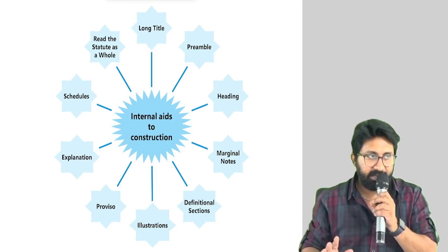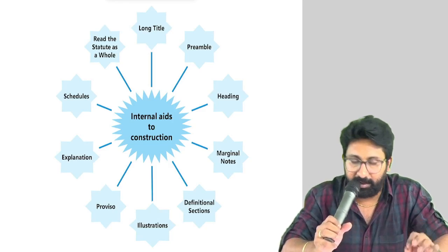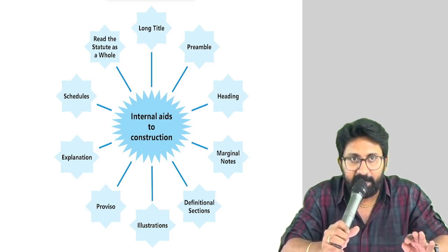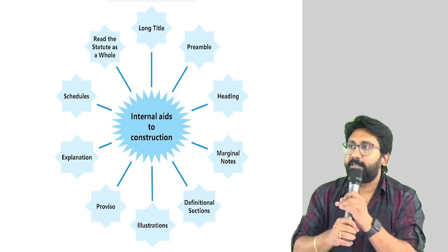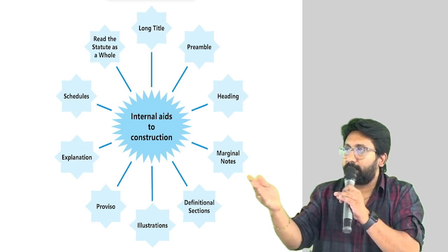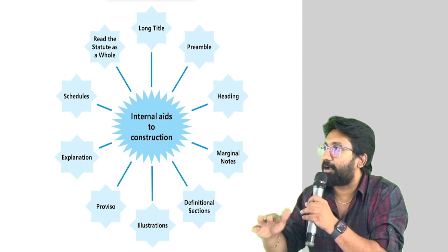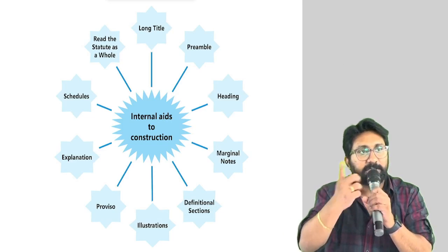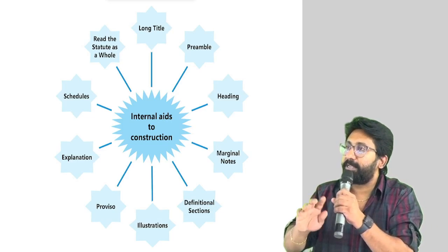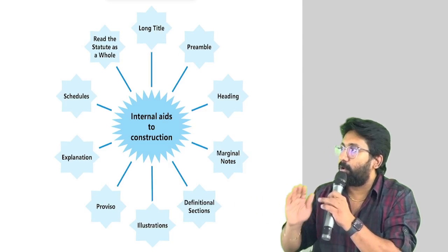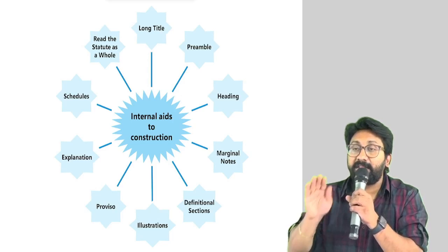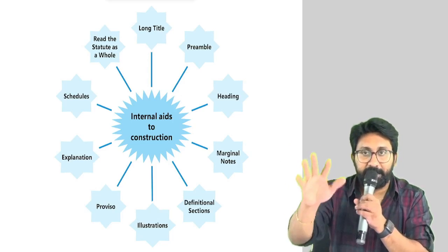Point number one: internal aid of interpretation means, when you open the Bail Act, also called a statute, that's why the name of the chapter is Interpretation of Statutes. Statutes means the main Act. When you open the statute, inside the Act certain things will always help you for interpretation.